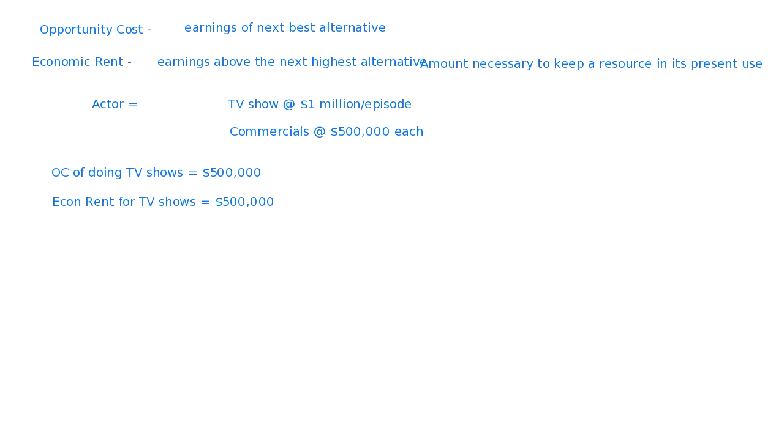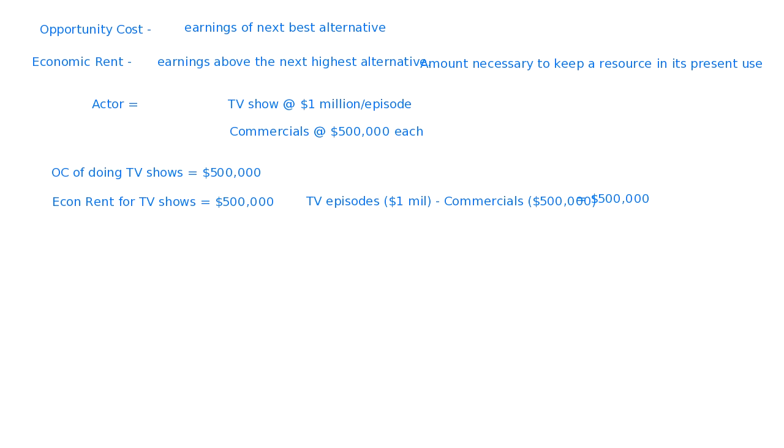So you're going to have TV episodes of 1 million minus commercials of 500,000. All right, so you take those, and then that equals 500,000, and that's your economic rent. Okay.